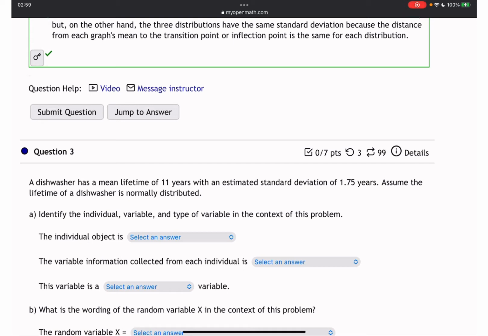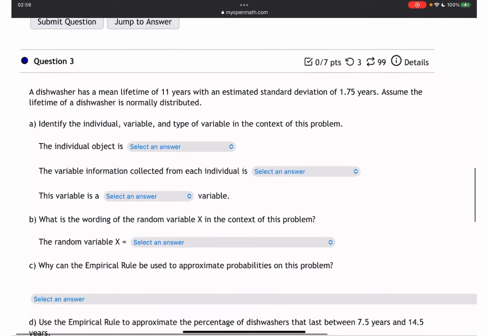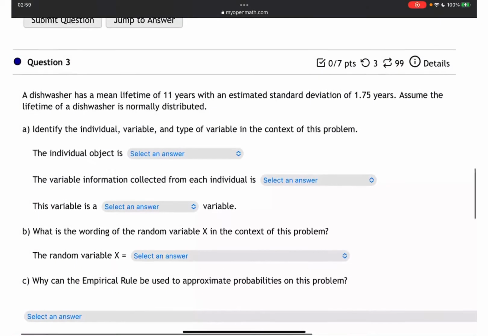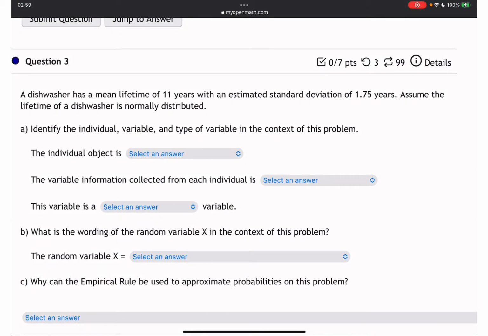Let's see what we have here. A dishwasher has a mean lifetime of 11 years. We've estimated a standard deviation of 1.75 years. Assume the lifetime of a dishwasher is normally distributed. Identify the individual, variable, and type of variable in the context of the problem.